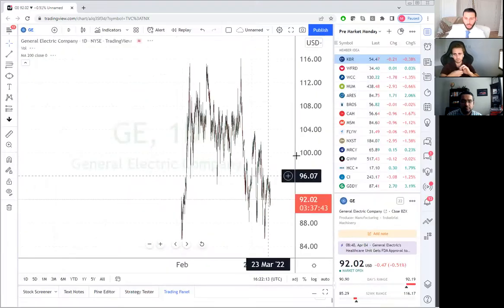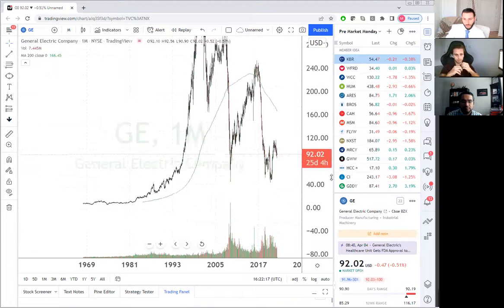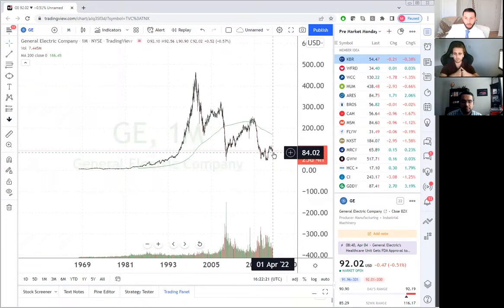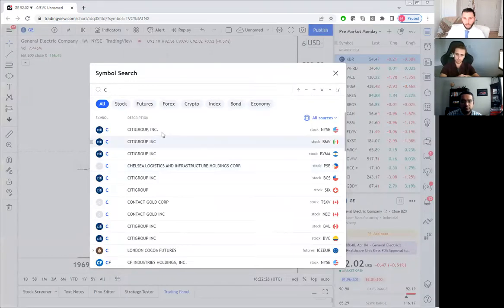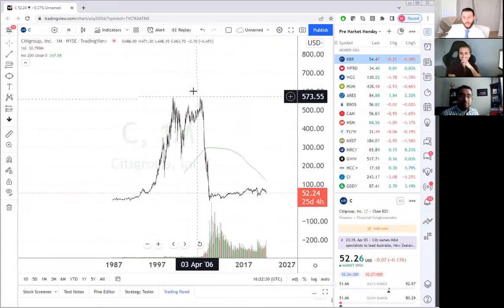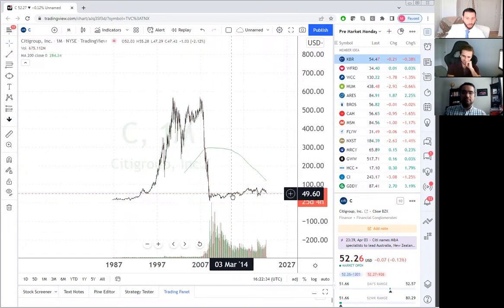You think of a GE, that they reverse split their stock to make it look more appealing. But this is a stock that's still 90% off highs. Like Citigroup. You will never hear me ever on Trader Talk talk about Citigroup to buy it. The thing is, still after the financial crisis, a decade later, 90% off highs.